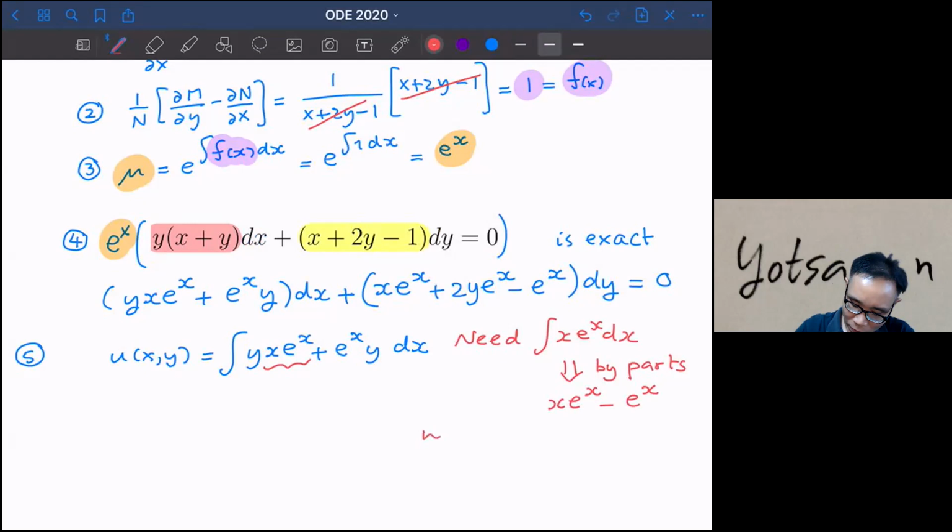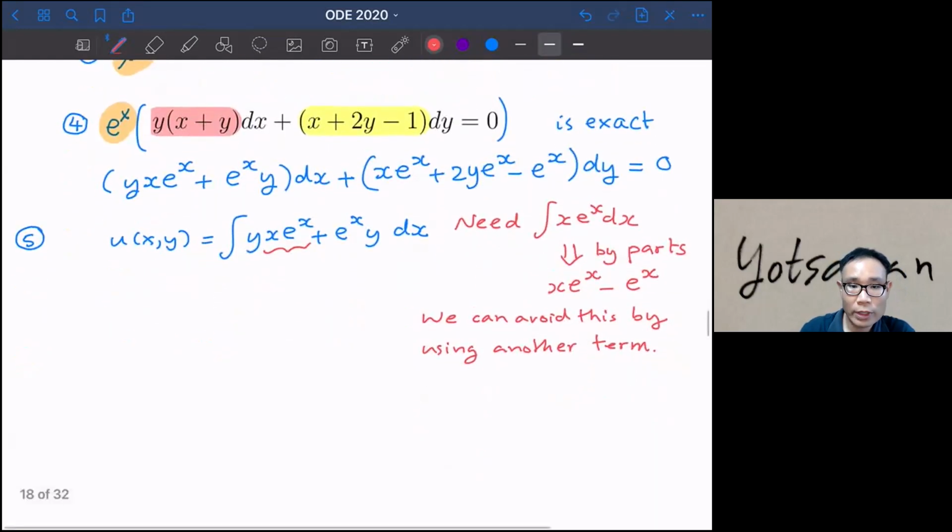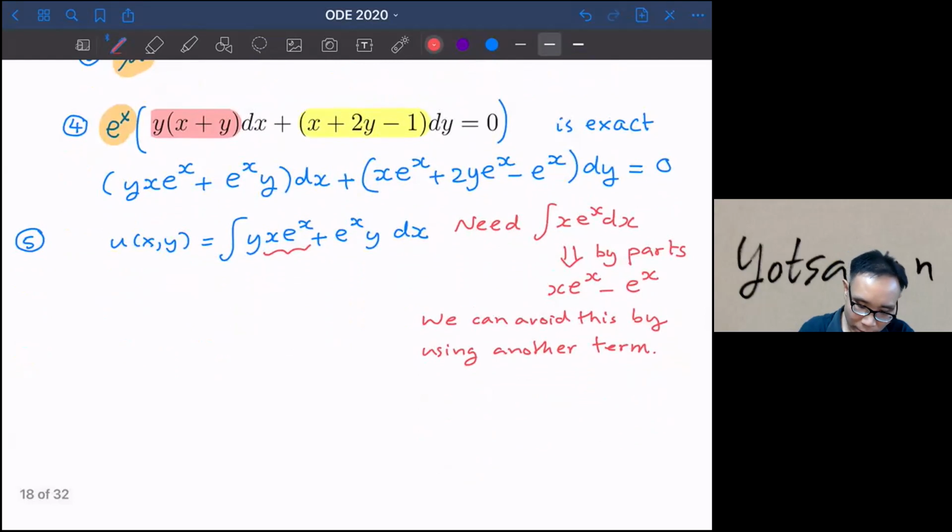So we can avoid this by using another term. What does it mean?